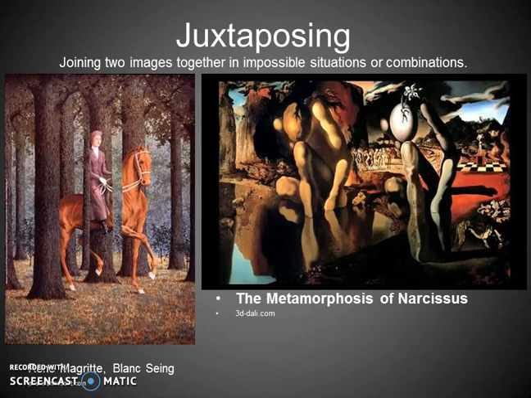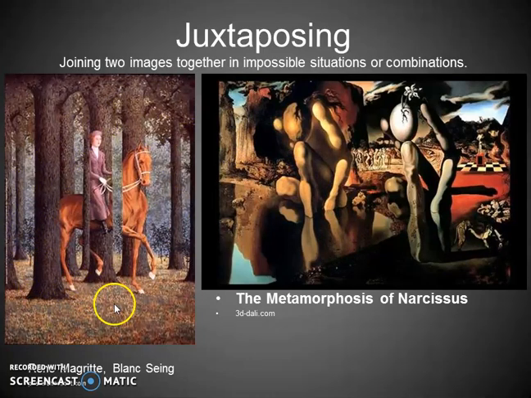Juxtaposing. Now this is one that we saw quite a lot of yesterday in the Disney video, and juxtaposing simply means that you are joining images in an impossible combination, in an impossible situation. This one is definitely more of an illusion.